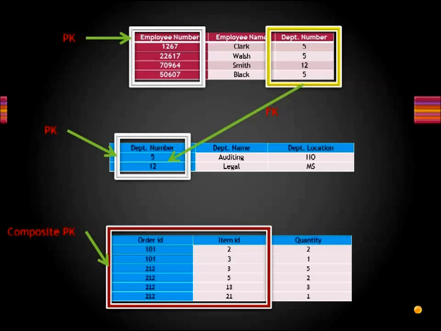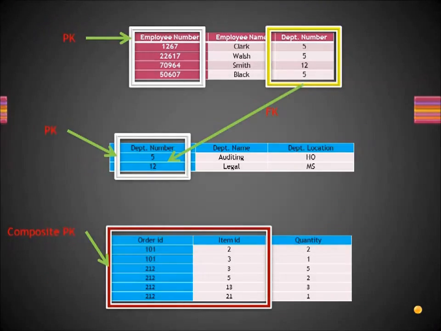Basically, a composite key is a combination of 2 or more columns in a table that can be used to uniquely identify each row in the table. Uniqueness is only guaranteed when the columns are combined. When taken individually, the columns do not guarantee uniqueness.